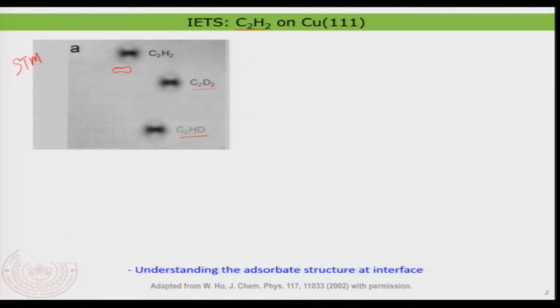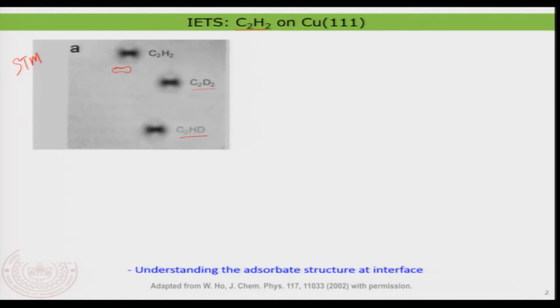In spectroscopy, every molecule will have a certain fingerprint to say that is the type of molecule. For example, with vibrational spectroscopy you can clearly identify these three species nicely. That is where an additional possibility like inelastic tunneling spectroscopy is going to play an interesting role.